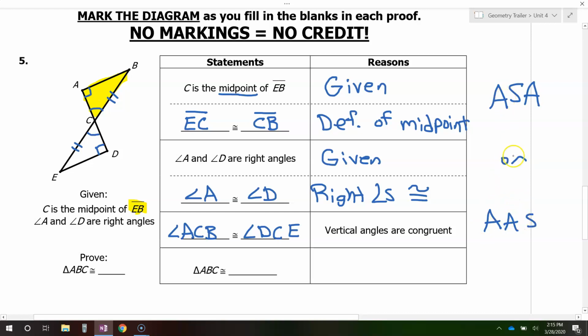These are the two options that have two angles and a side. It'll be angle, side, angle if the side is between the two angles. It'll be angle, angle, side if the side is not between.